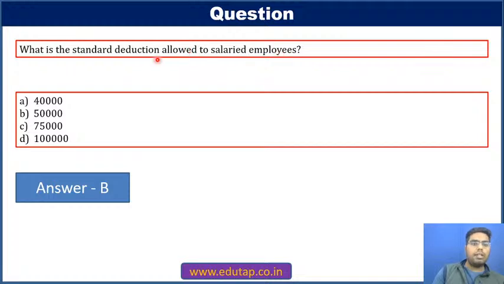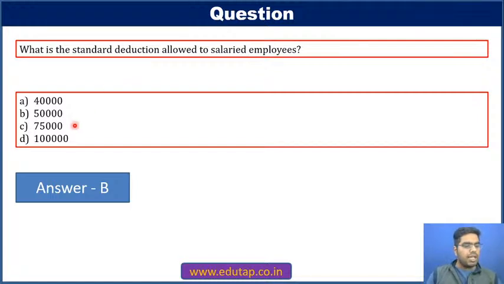Now one more important thing for you. What is the standard deduction allowed to a salaried employee? This is a question that is normally asked in the examination, so it is very important. That is why I mentioned it here. 50,000 is the standard deduction allowed to salaried employees. In lieu of the transport allowance and the medical allowances, the salaried employees are given a deduction of rupees 50,000.